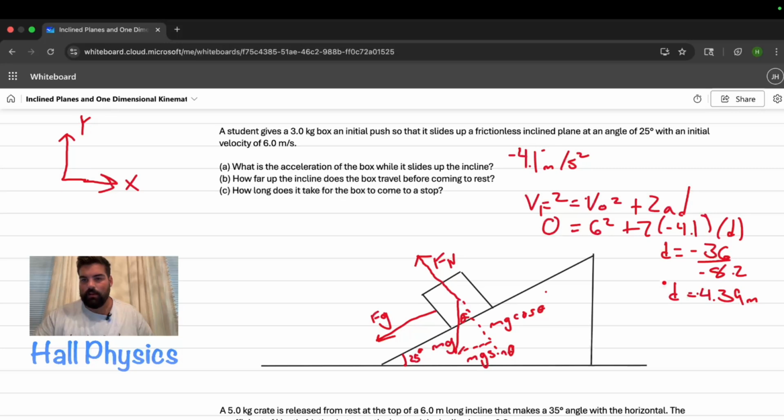Okay, again, I just rearranged the formula to solve for d. So now we know the distance, how far up this ramp this box will travel before it starts to come back down. So let's go ahead and erase. Let's move on to part C.